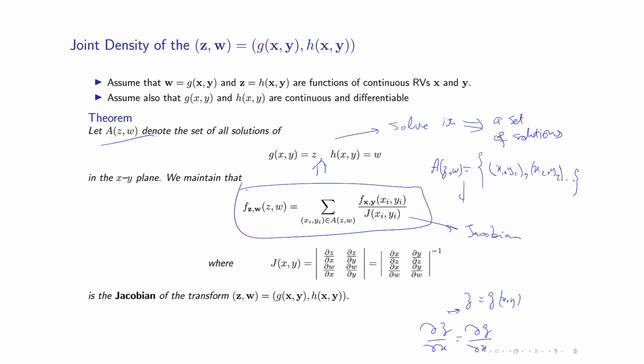Remember that this determinant is equal to this. The Jacobian is equal to these elements multiplied by this element minus this one, like this.